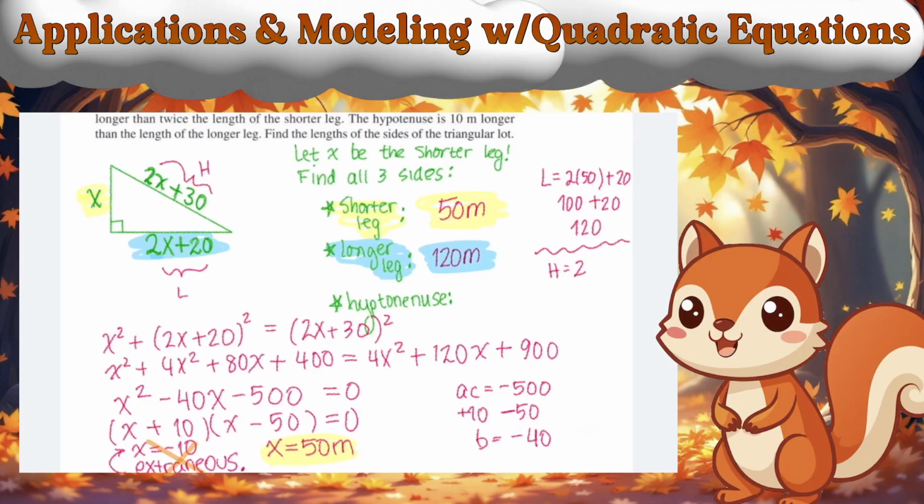I mean, I know it's going to be 130. 10 more than the last one equals, actually, yeah, let's just do that. H equals, we said L plus 10. So 120 plus 10, so 130 meters. There you go.